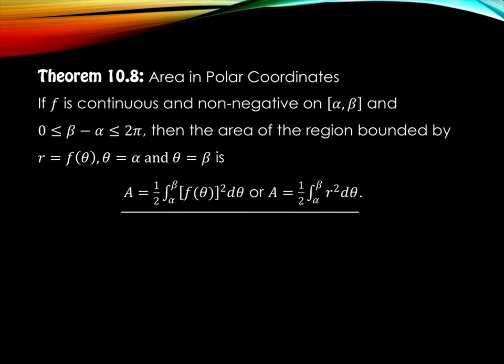So if f is continuous and non-negative on the interval from alpha to beta, and beta minus alpha is less than 2 pi, so it's a positive angle less than 2 pi, then the area of the region bounded by r equals f of theta from alpha to beta is 1/2 the integral from alpha to beta of f of theta squared d theta. Or you could say the area is 1/2 the integral from alpha to beta of r squared d theta. Those aren't different formulas, they're just different ways of thinking about the same formula.